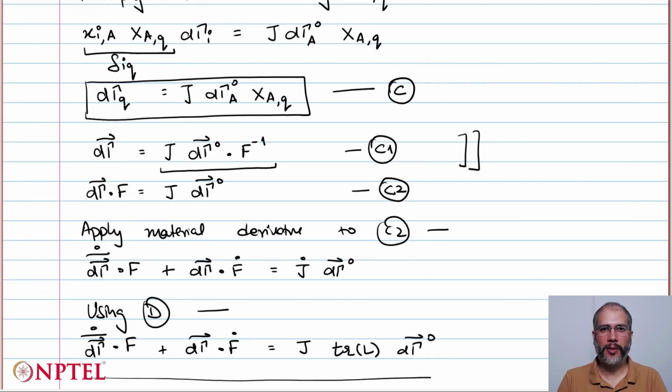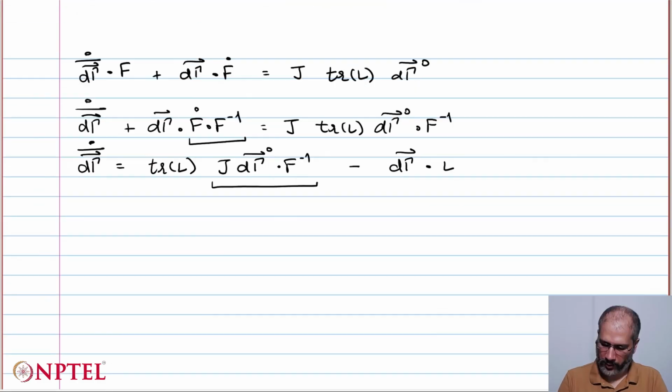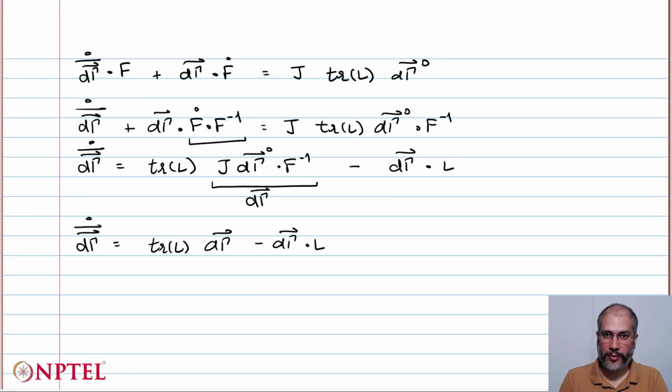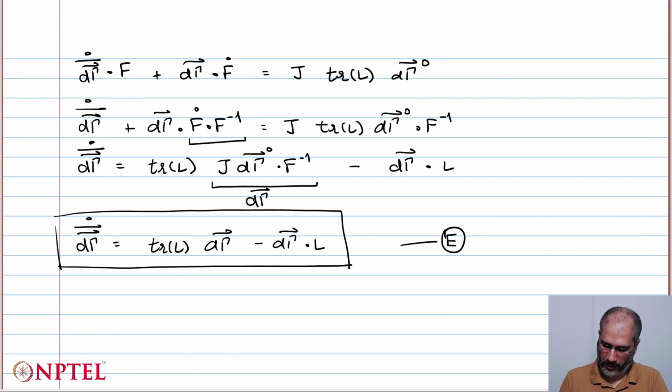So I can substitute this in my current expression. So this whole quantity here becomes a d gamma vector. So this is the simplified expression which we will call our equation E.